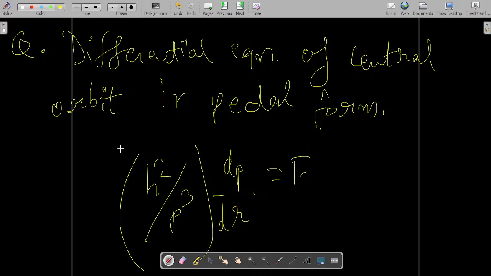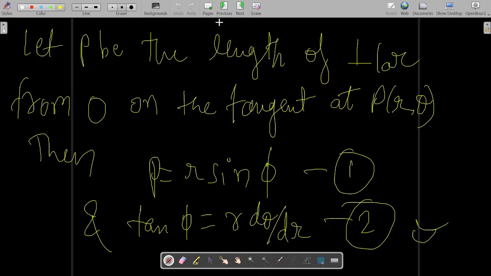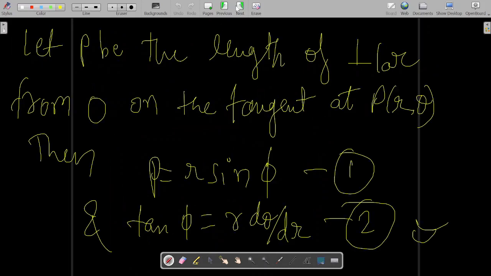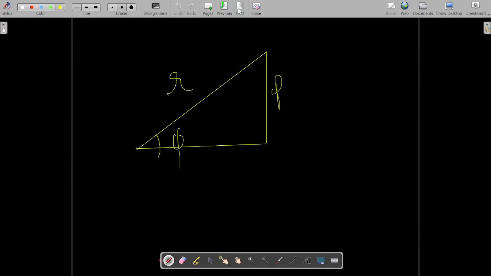So over here clearly there is 1 upon p. In the equation which we have, we have p, and we want 1 upon p, and we want dp by dr also, right? So we will differentiate also, and we will take 1 upon also.